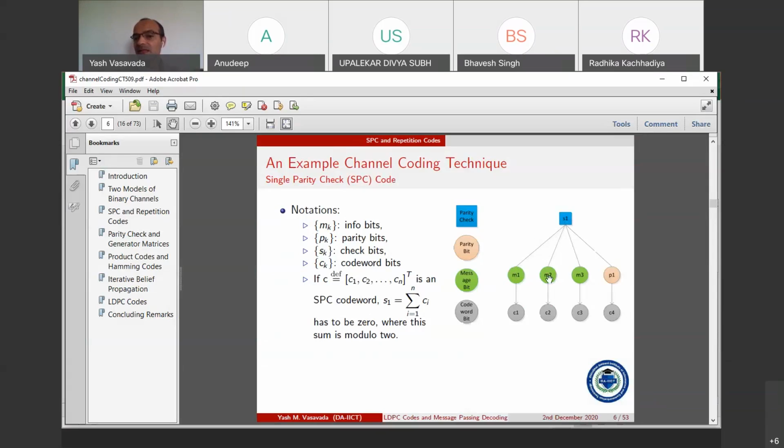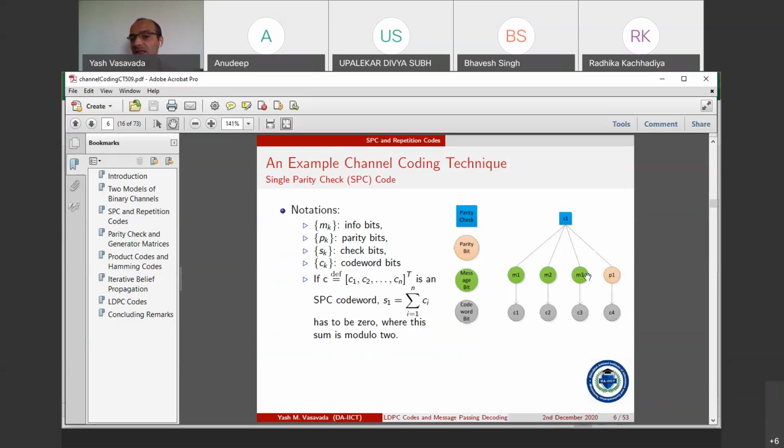So the idea behind message passing is the message should be actually called probabilities, or actually they are beliefs in some sense. Belief regarding whether a particular node is 1 or 0. So message passing scheme is also called belief passing scheme or belief propagation scheme.